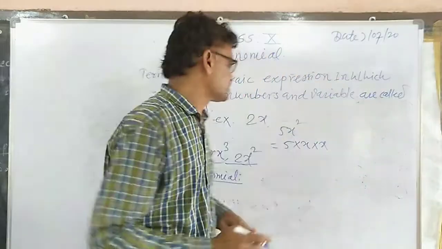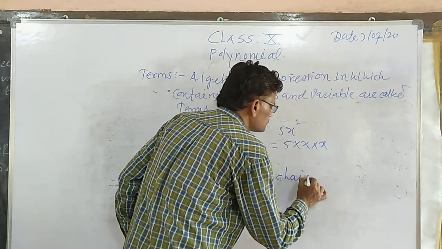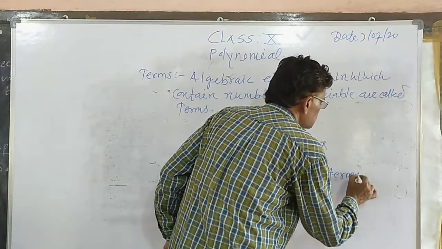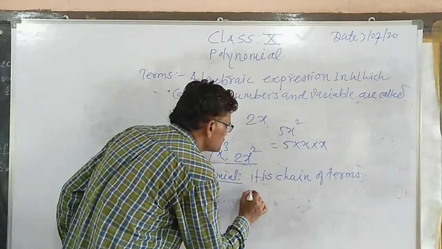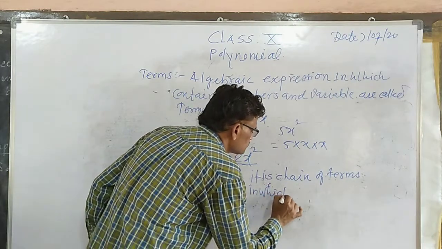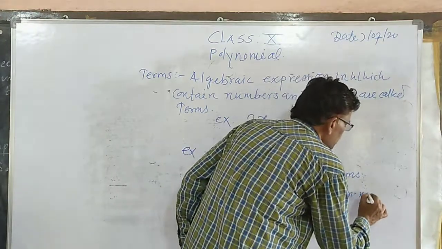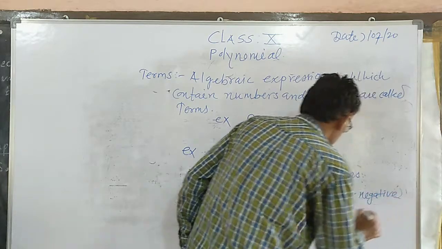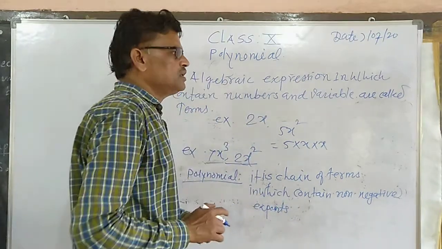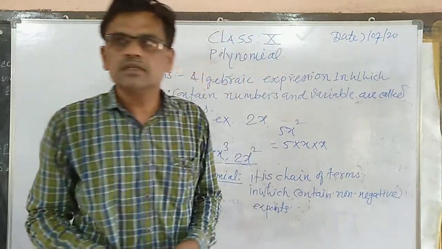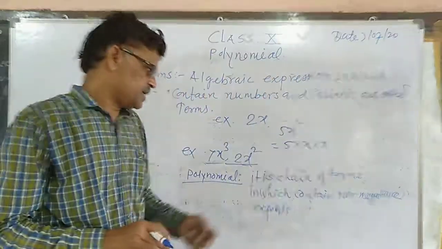A polynomial is a chain of terms containing non-negative exponents. Polynomial is the chain of terms in which the exponents are non-negative.